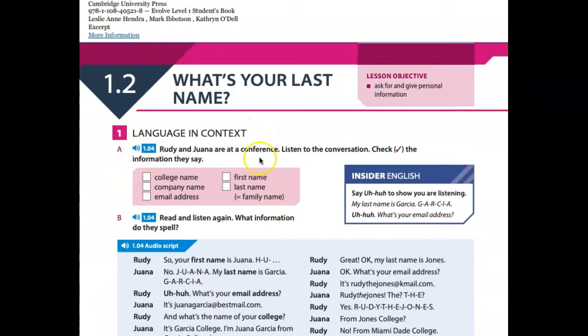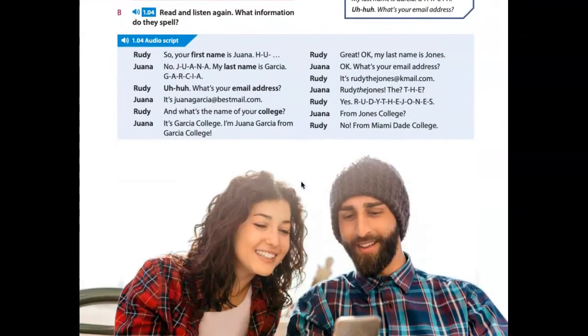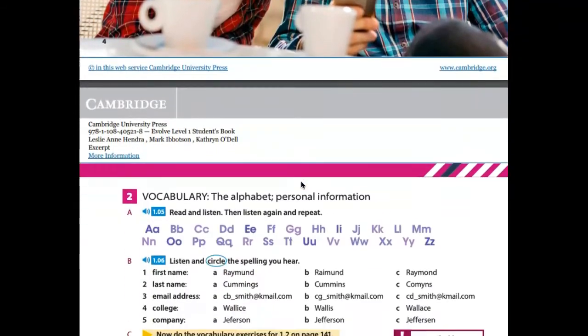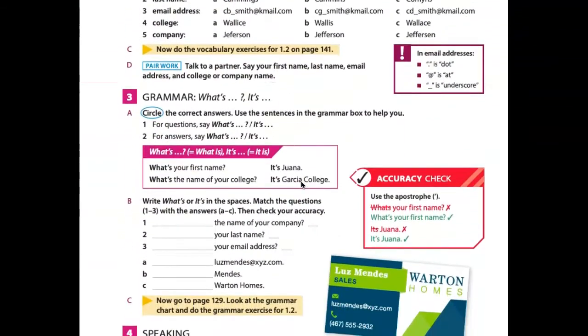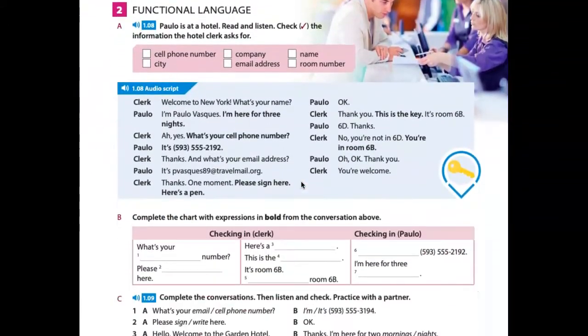You see here, language in context. These two people, Rudy and Juana, are at a conference and they have a conversation about how they spell out their names, okay? Because they're filling in forms. Now I'm going to show you the way that the teaching of skills happens in this book.